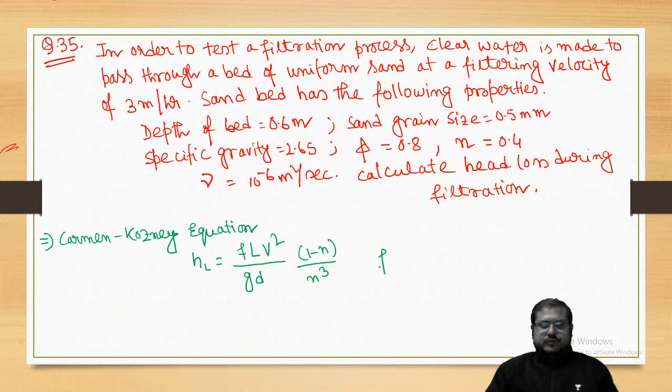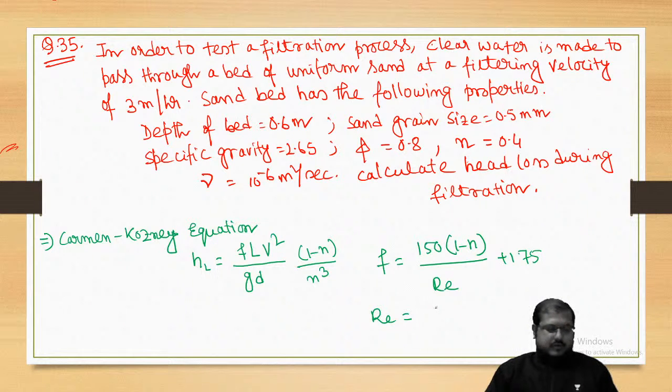Where f is equal to 150 (1 minus n) by Re plus 1.75, and where Re is equal to rho V d by mu into phi, right?